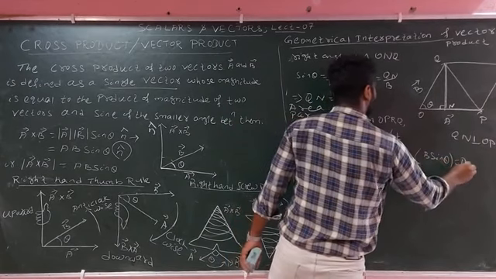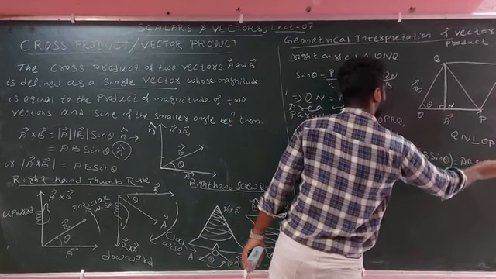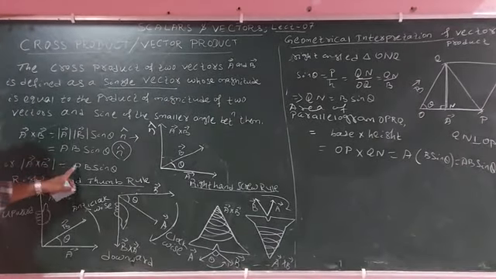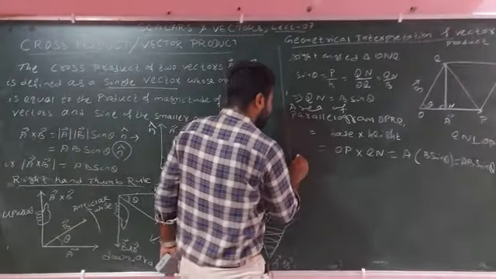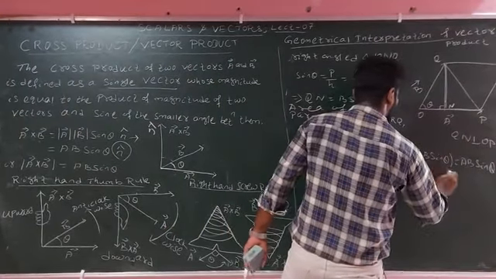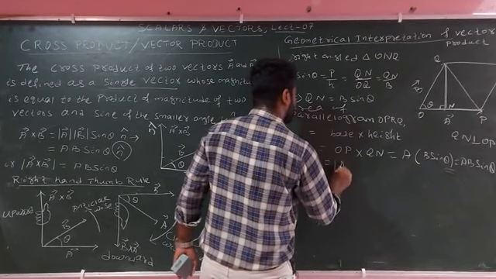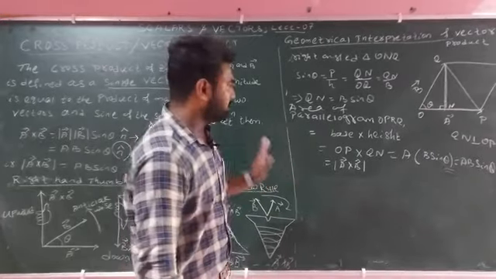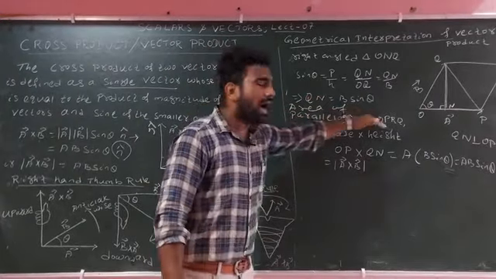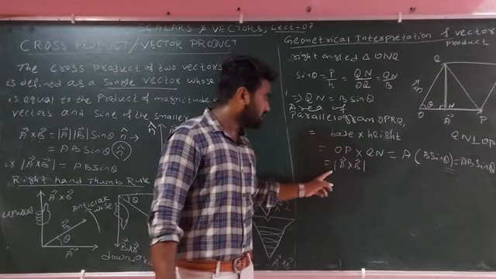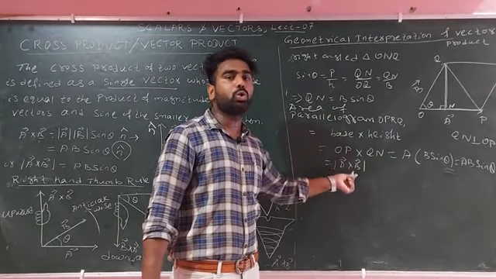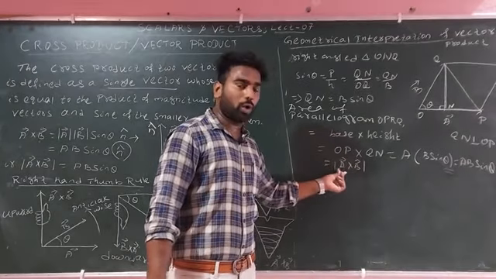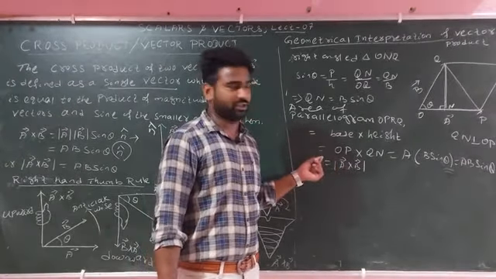So this is your AB sin theta. And we know that the magnitude of A cross B is your AB sin theta. So this is your magnitude of A cross B. Then the geometrical interpretation of vector product states that the area of a parallelogram is defined as the magnitude of the cross product of two adjacent sides vectors.